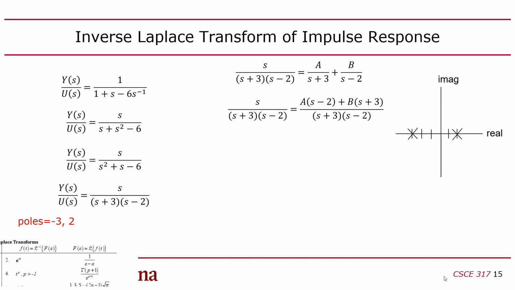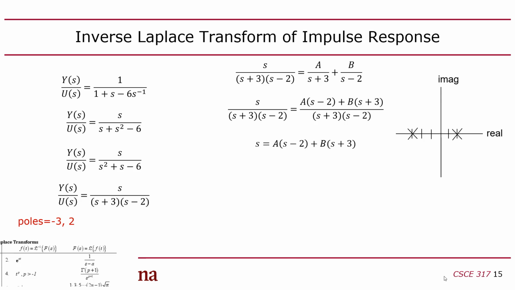If it's in this form and I convert it into this form, I would have to take the A and multiply it by s minus 2 in order to get a denominator of s plus 3 times s minus 2. You guys with me? And likewise, B would have to be multiplied by s plus 3 in order for it to have that same denominator, at which point they have a common denominator, right? You guys with me? But I still have just one equation and two unknowns.